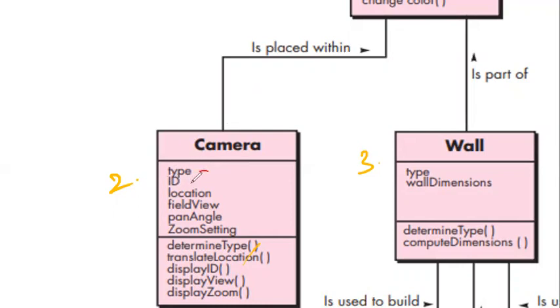They're going to have specific ID numbers and the location that this particular area is covering. Whether it is full field view or pan angle, there are different zoom settings. What are the different options that are there for the camera? You can have all those camera settings. These are what describe the camera. These are your attributes. Then the operations are how you're going to view it: the display ID, display view, display zoom, translate the location or determine the type. These are all your operations that can be performed for the camera class.